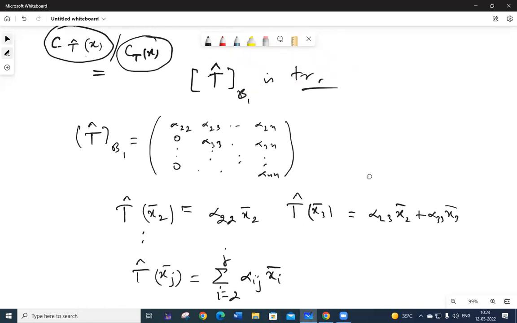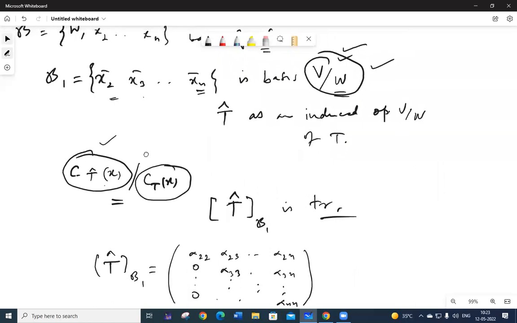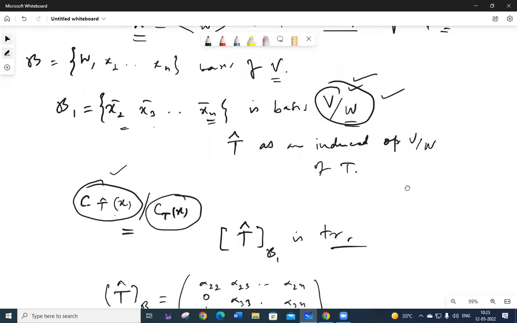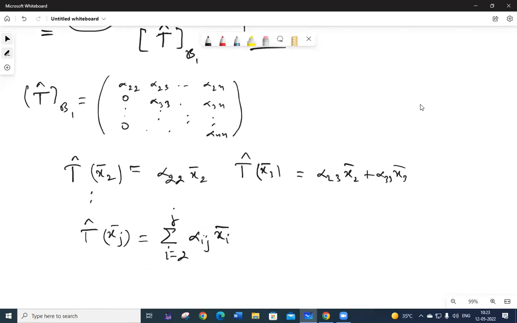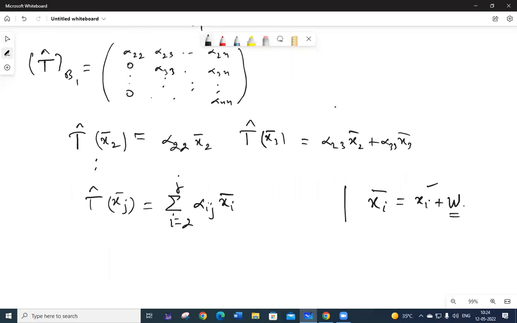And remember, because this is a basis of V by W, the xi bars can be written as xi plus W. All right, the quotient space is the space of such type of elements.